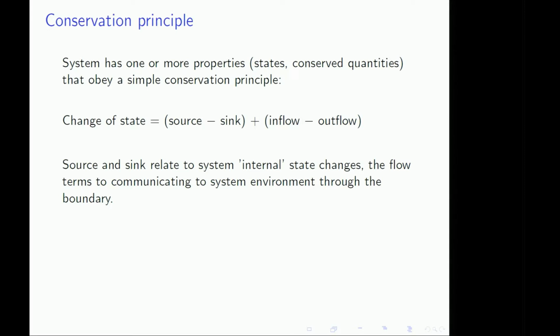So they happen inside the system without the direct contribution of the system boundary. And then the flow terms refer to things that happen between the system and the system environment through the system boundary. Once we go to continuum mechanical modeling, you will see the clear distinctions between them.